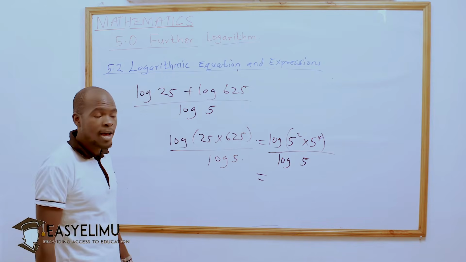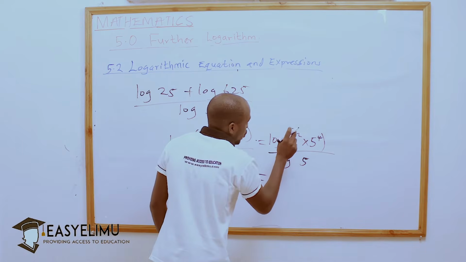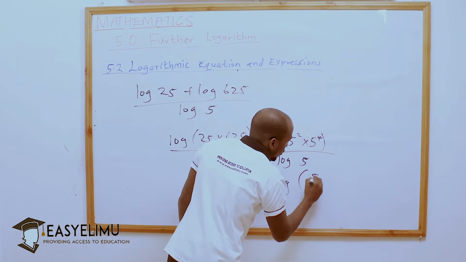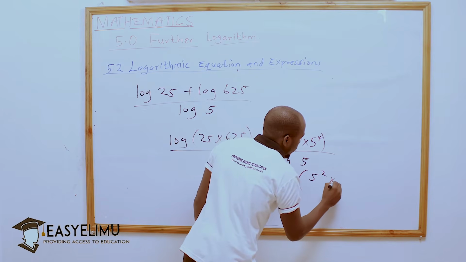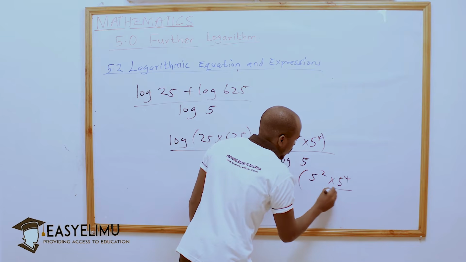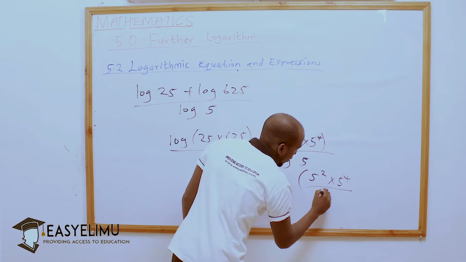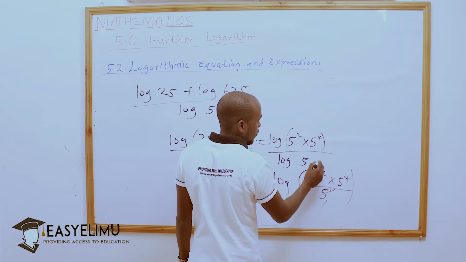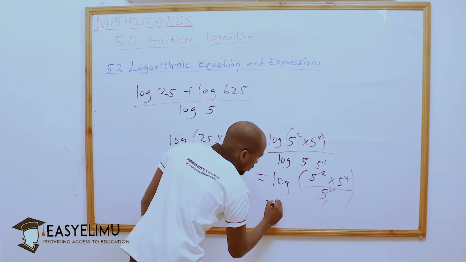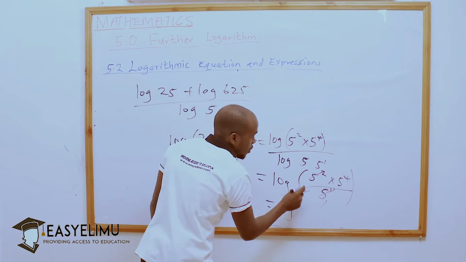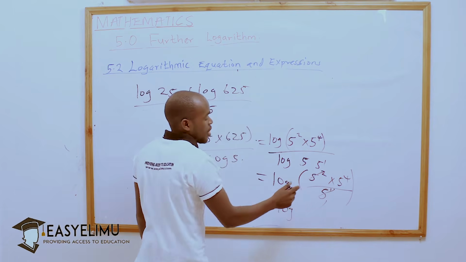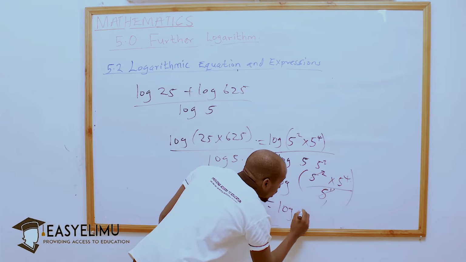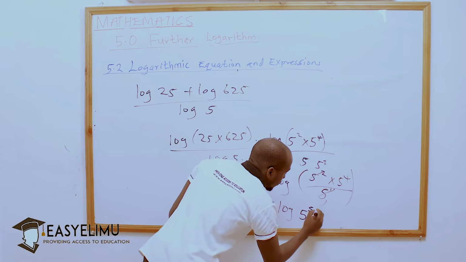If you simplify further, after simplification, you are going to have 5 squared multiplied by 5 raised to 4, and that is just adding the two powers, so you will get 5 raised to 6 over 5 raised to 1.